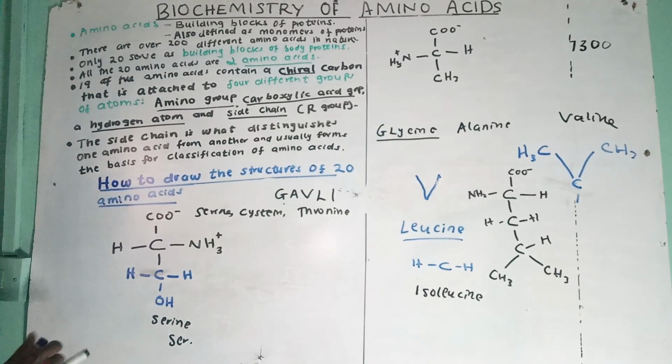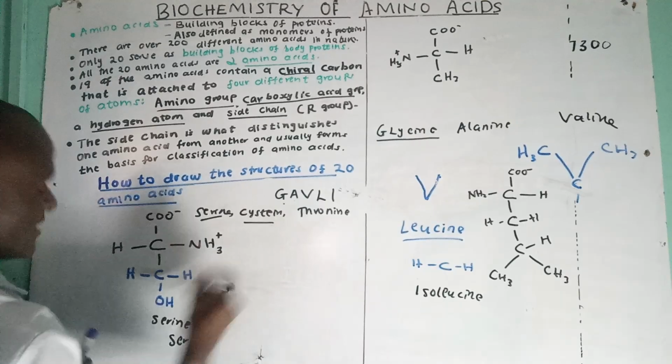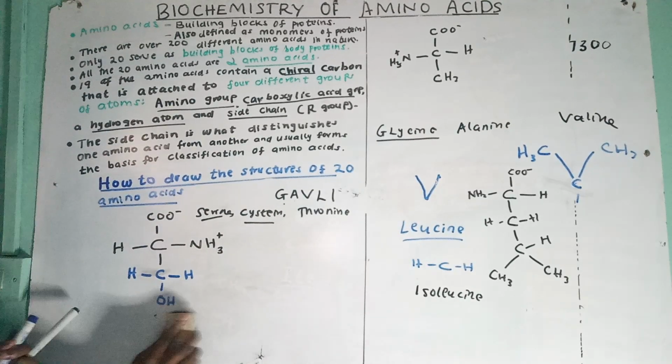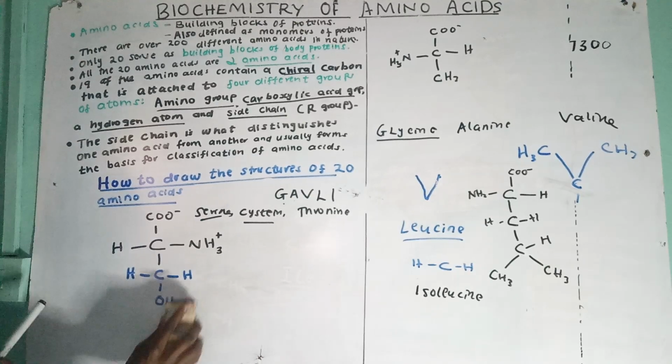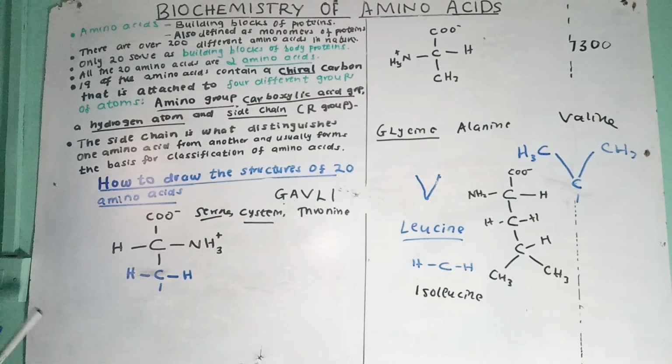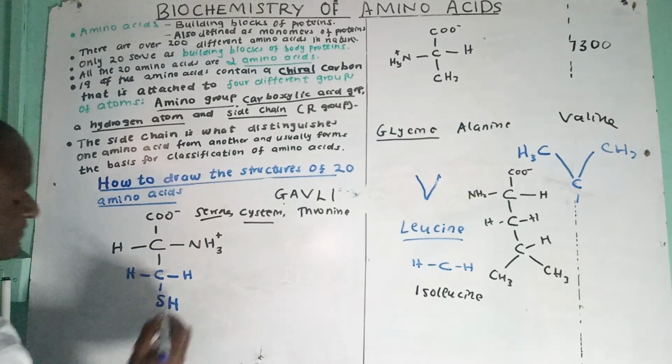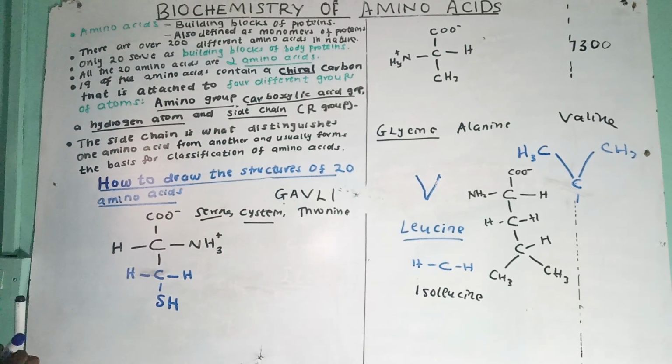Then let's look at cysteine. This serine, cysteine. For cysteine, in place of hydroxyl group, we have a sulfur atom that is attached to S, a thiol group that is. So that one is cysteine.